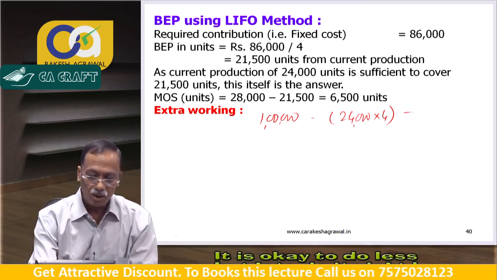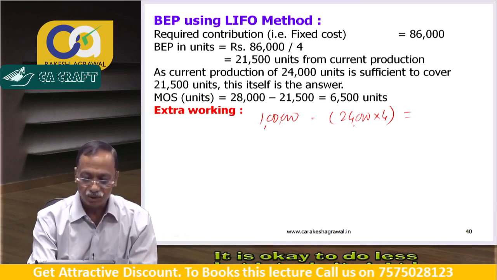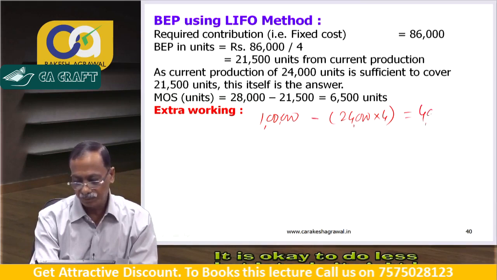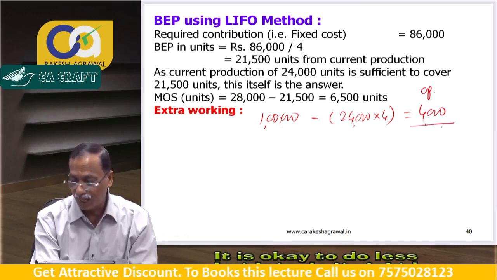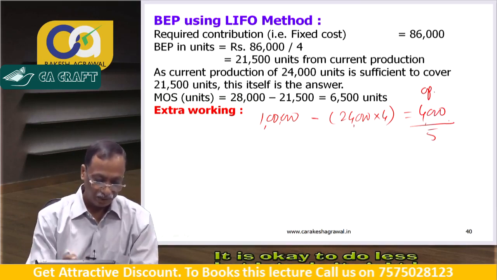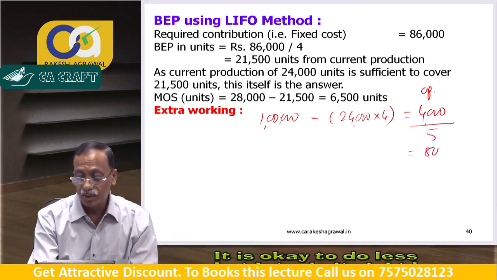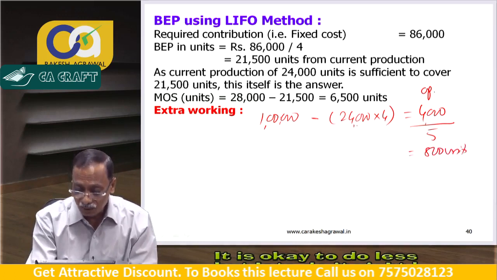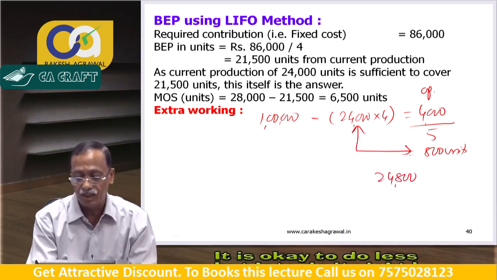So my remaining unrecovered fixed cost is 4,000. To recover this 4,000, I have to go to opening stock, and on opening stock I am earning 5 rupees contribution. So 4,000 divided by 5, I'll have to sell 800 units more out of opening stock. It means BP will be 24,000 units from current production plus 800 units from opening stock. Your BP will be 24,800 units.